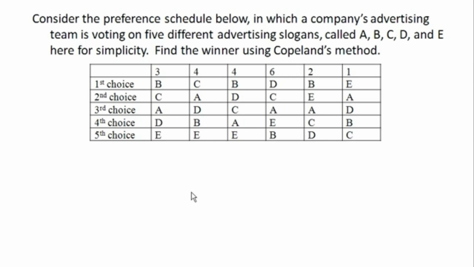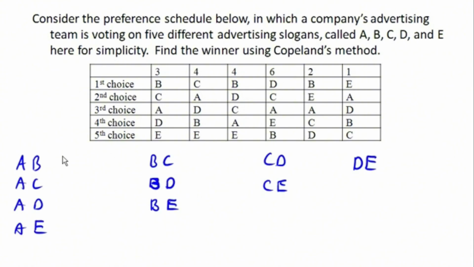So we're going to have A versus B, A versus C, A versus D, A versus E, B versus C, B versus D, B versus E, C versus D, C versus E, and D versus E. Let's look at our first comparison, A versus B. We're looking to see who's ranked higher in the choices.